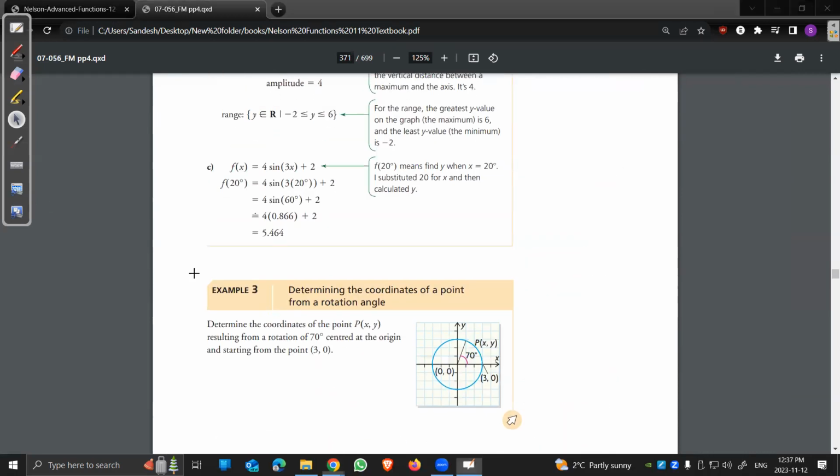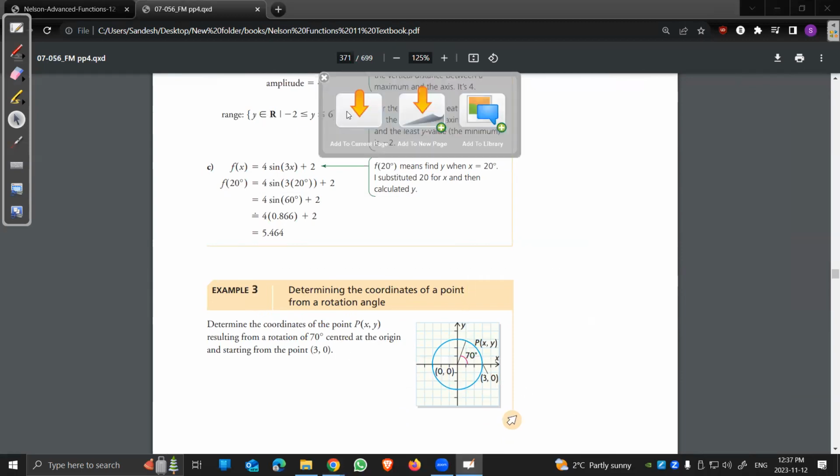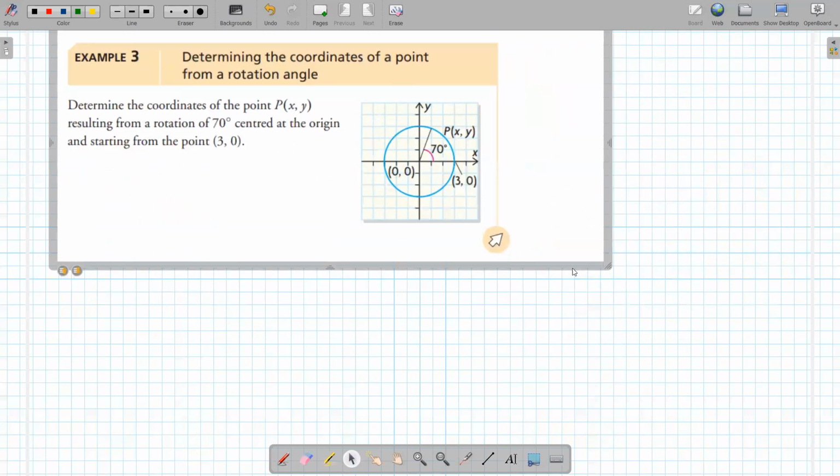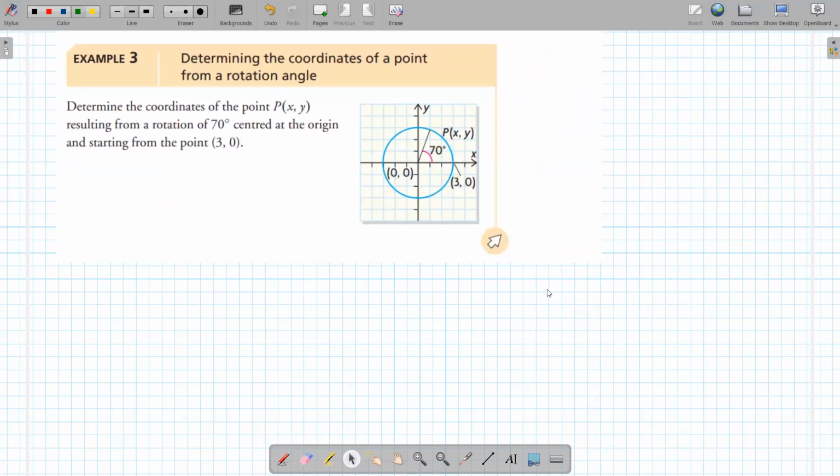Let's try it in this one. So you're starting here at the point 3, 0, and you've rotated 70 degrees this way.